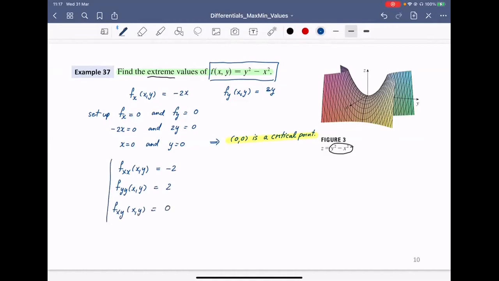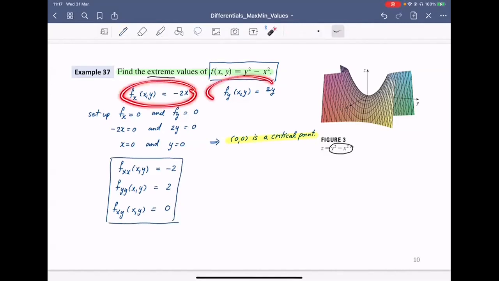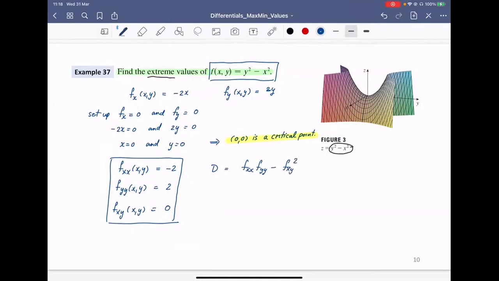I can compute this by carrying the first derivatives and differentiating one more time. So now I have D, which is fxx times fyy minus fxy squared, and this is negative 2 times 2 minus 0 squared, which is negative 4, which is less than 0.